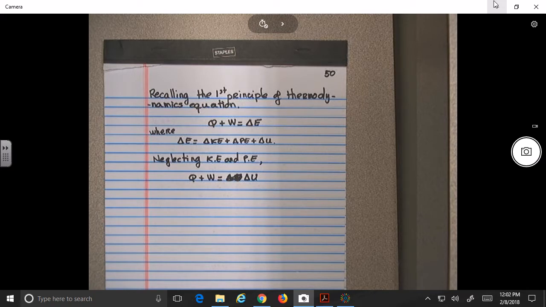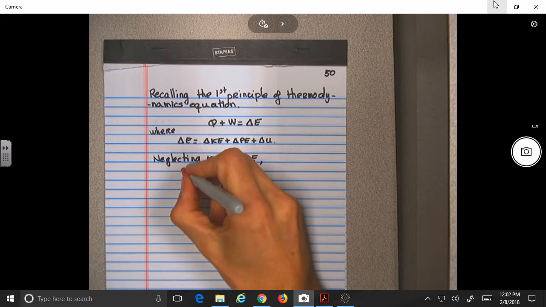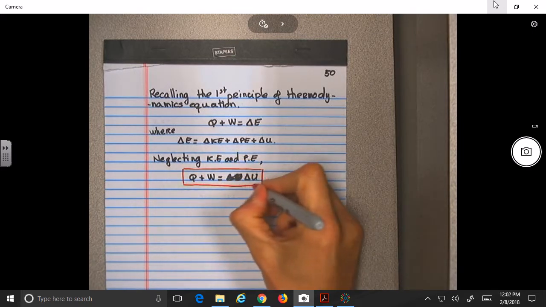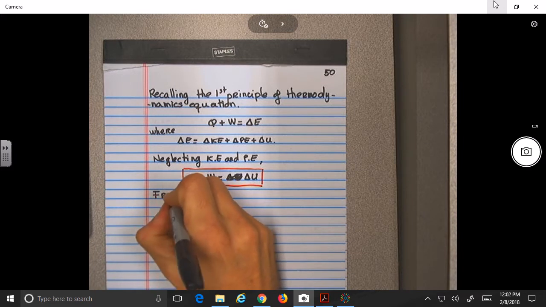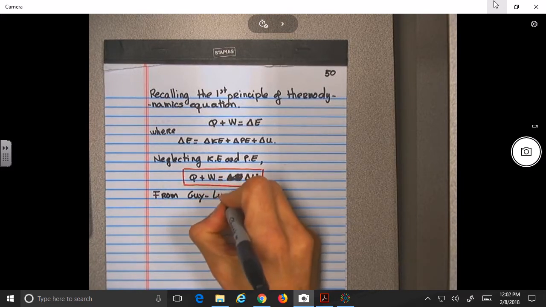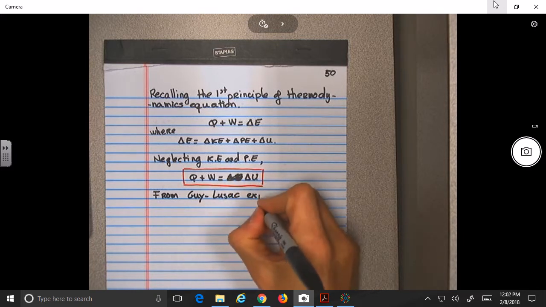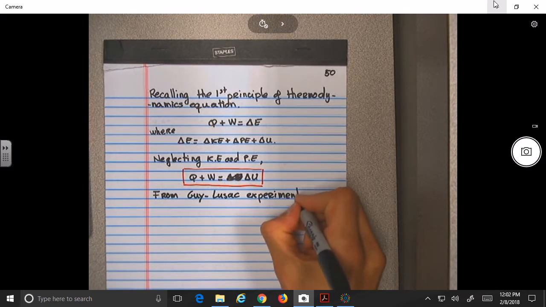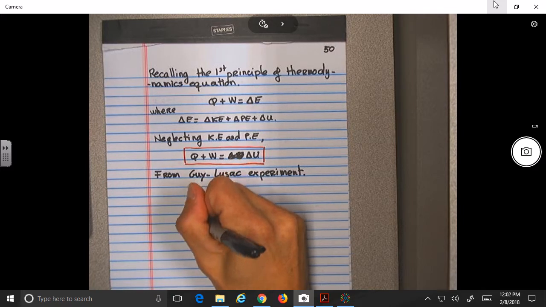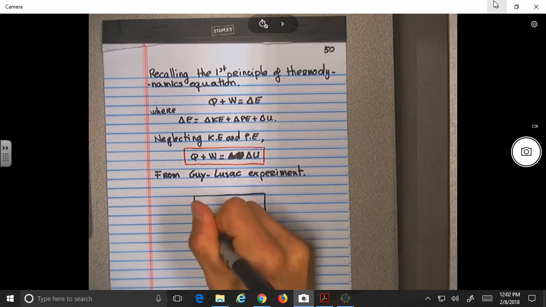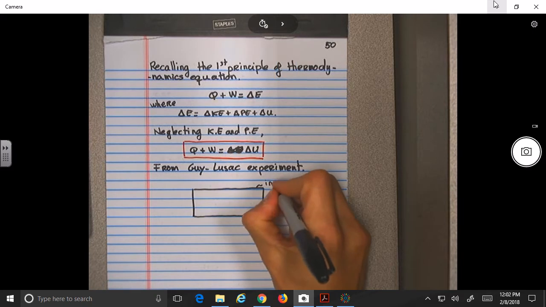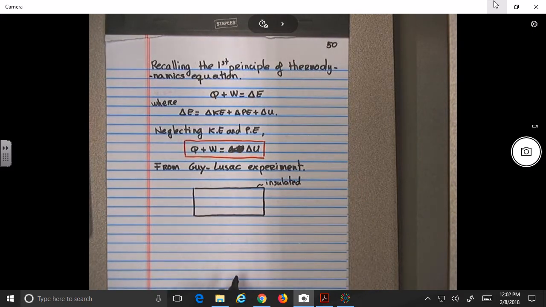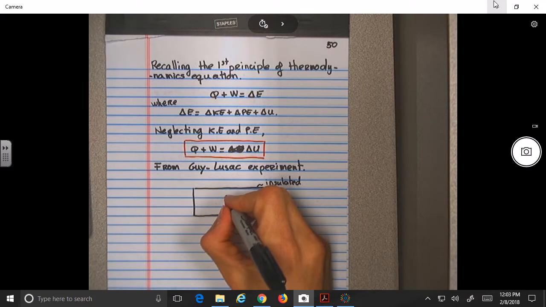Okay, so now, from the Gay-Lussac experiment, the setup is some type of box which is insulated, and inside there is some type of water tank.